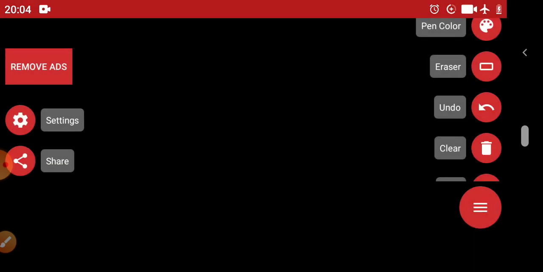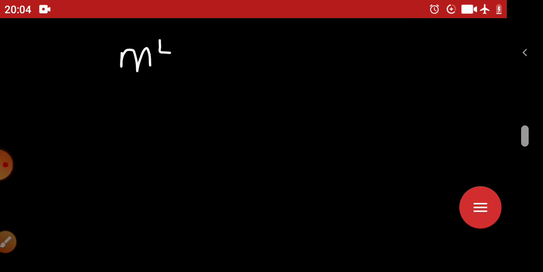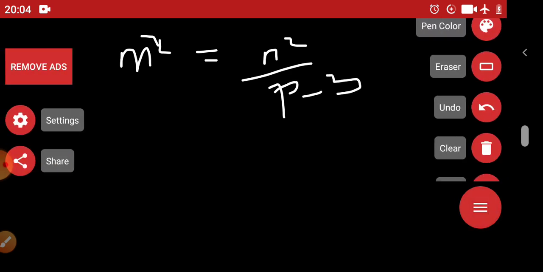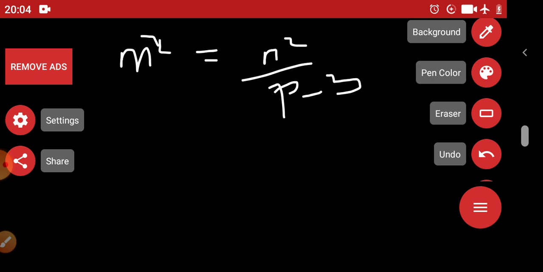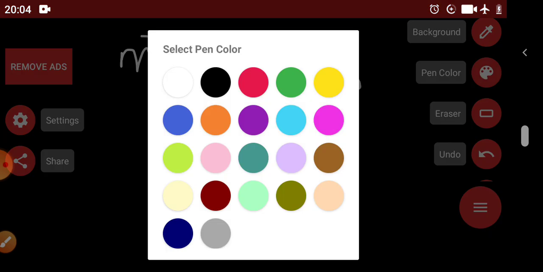So our next step. We have m squared is equal to n squared over p minus 3. Since we want m, not m squared, how do we remove a square? We take a square root.